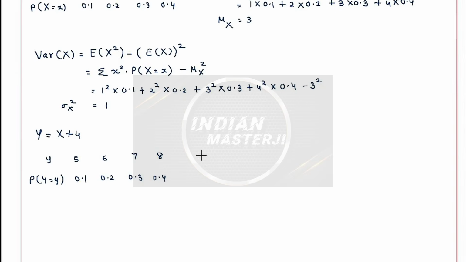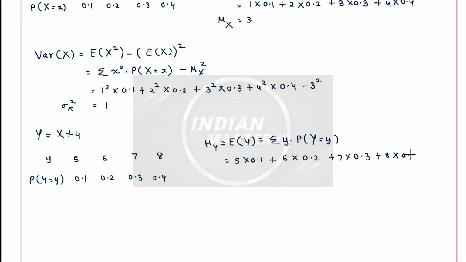Now if I have to find out mu of y, or expectance of y here, what do we get? This will be equal to the summation of y into probability of capital Y taking the value small y, correct? So this will be equal to 5 into 0.1 plus 6 into 0.2 plus 7 into 0.3 plus 8 into 0.4.